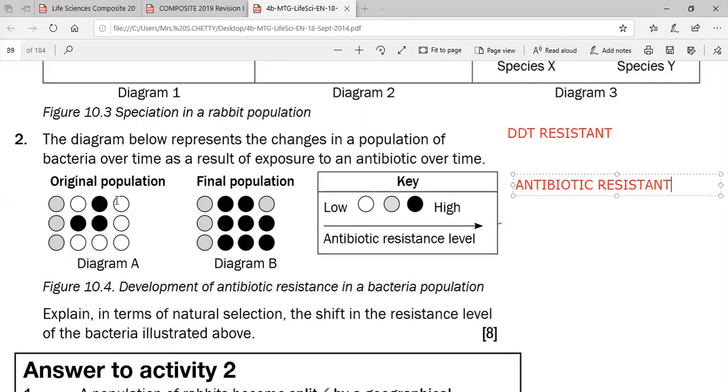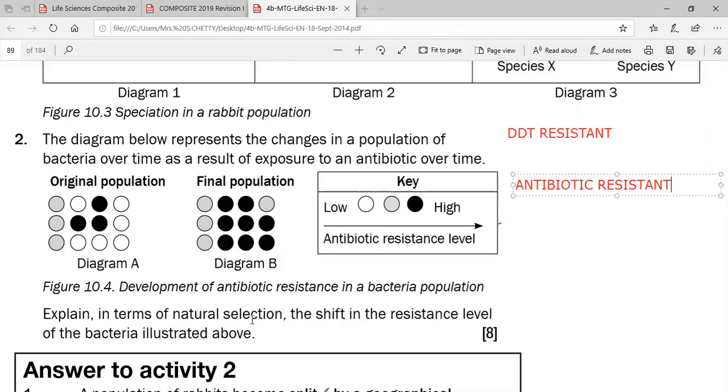Then after a period of time, in the final population, you only have bacteria of medium resistance and high resistance. You don't have bacteria of low resistance. They don't appear anymore. So you've got to try even harder to get rid of this bacterial infection.